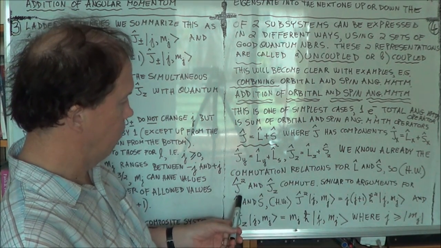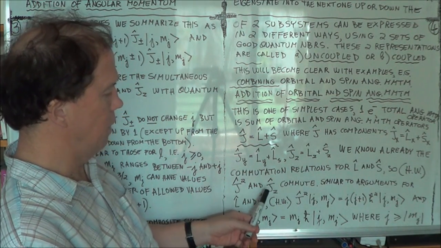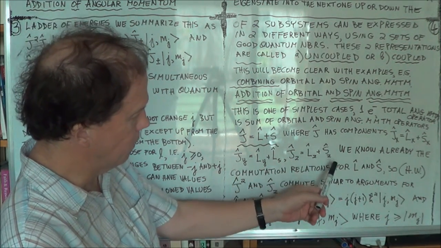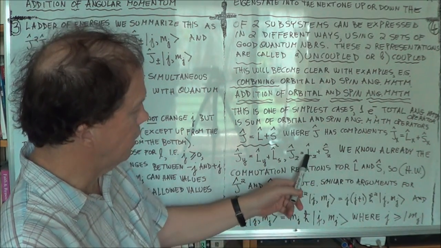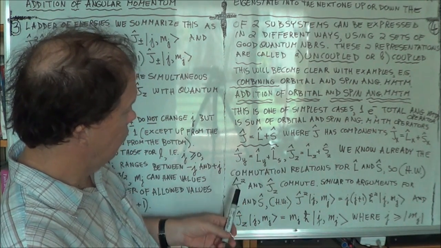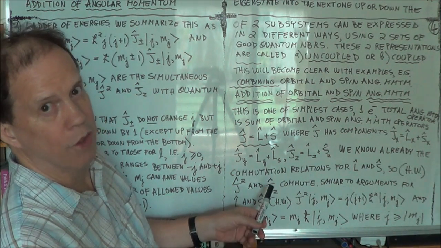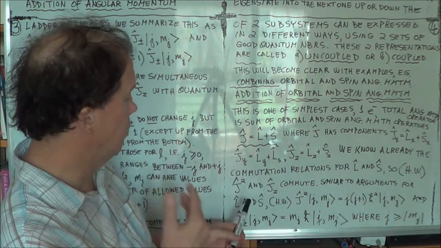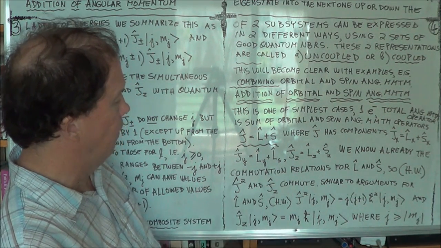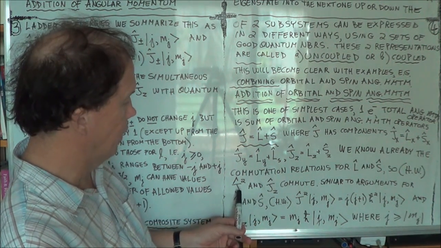And then via that, do for homework, show that J squared hat and Jz hat, when you split up the J's into these components, and you know the commutation relations for the L's and the S's, so therefore you can deduce the commutation relation between J squared and Jz. In fact, it's 0. You know, the commutator is 0. In other words, these two commute, and therefore they have the same set of eigenfunctions.